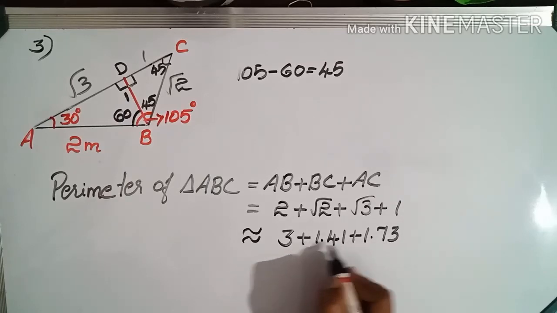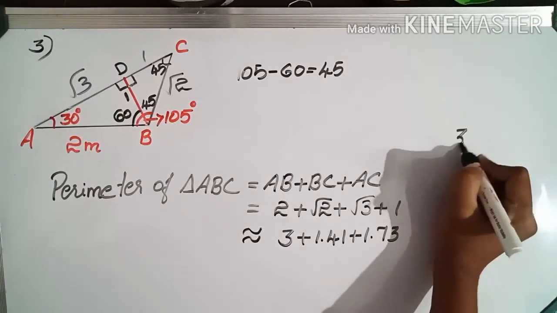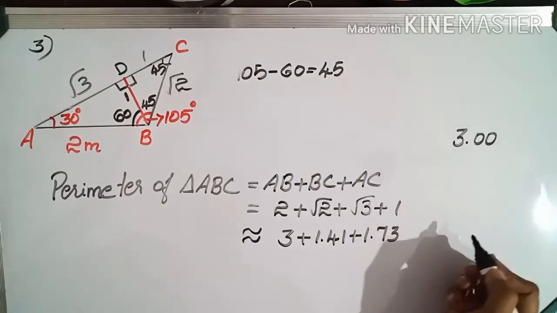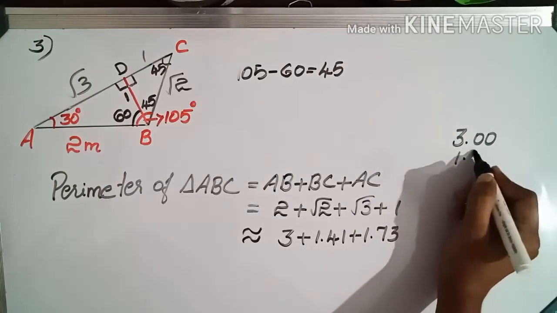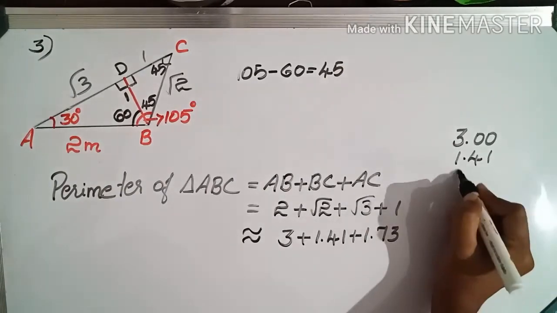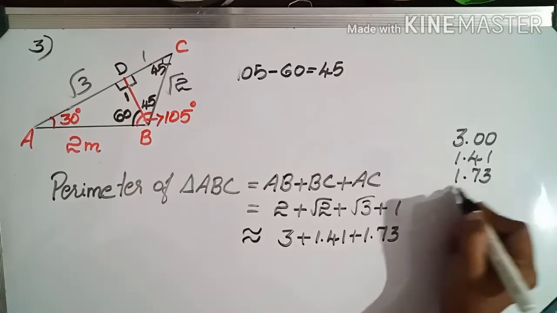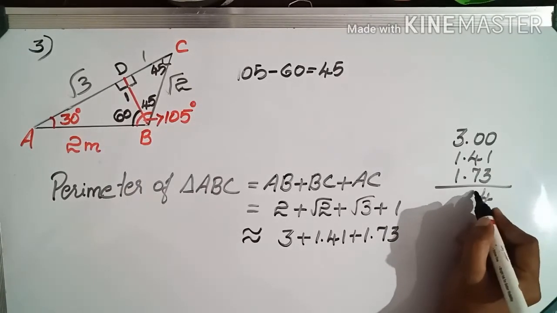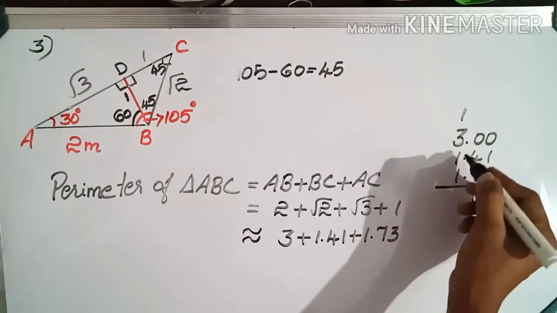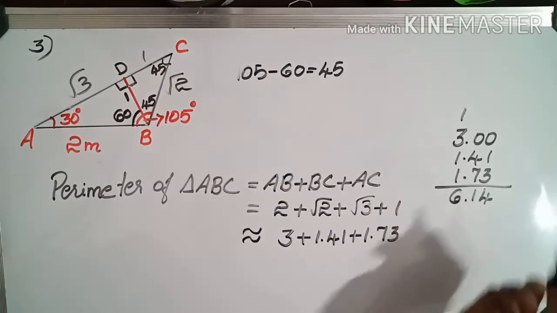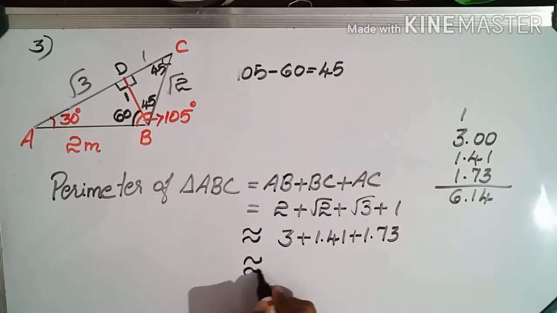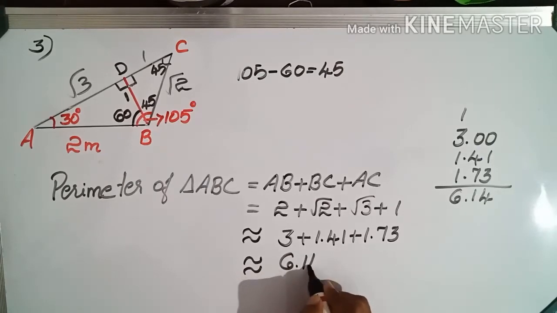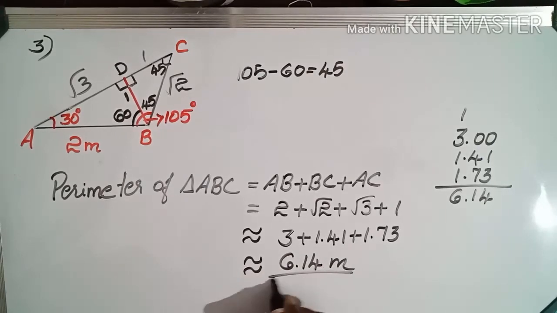Now let's add all these: 3.00, then 1.41, then 1.73. So 1 plus 3 is 4, 7 plus 4 is 11, 1 here, so 4, 5, 6, 6.14. So this is approximately equal to 6.14 meter. This is the perimeter of this triangle ABC.